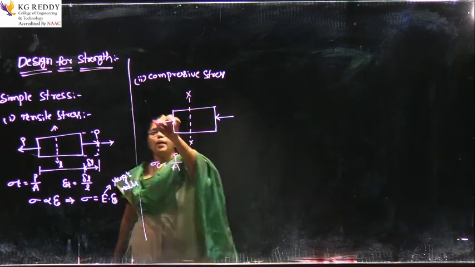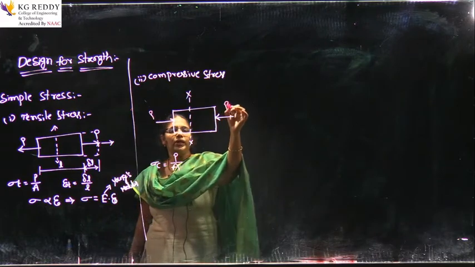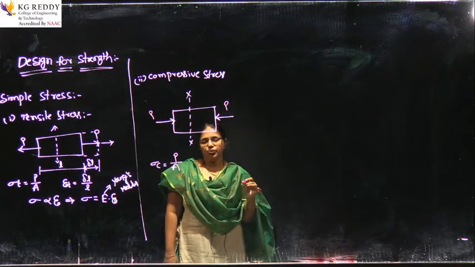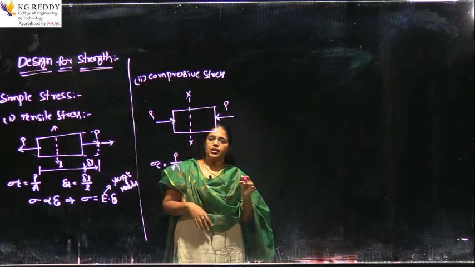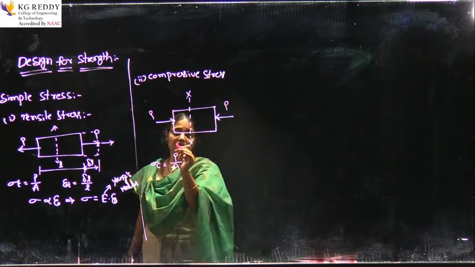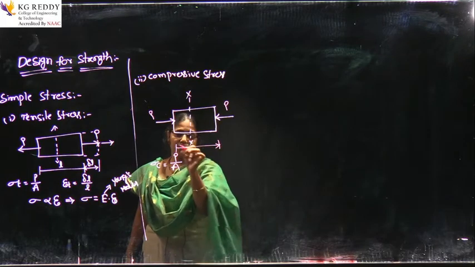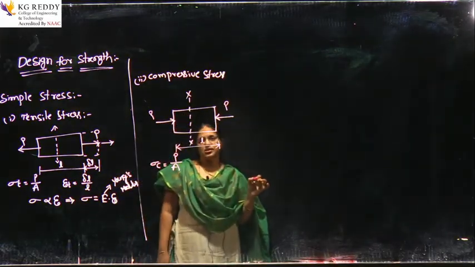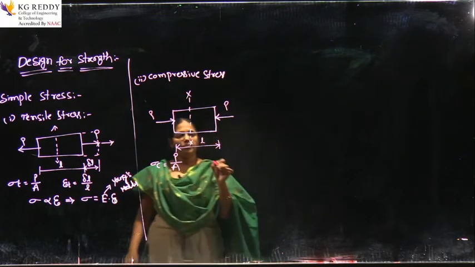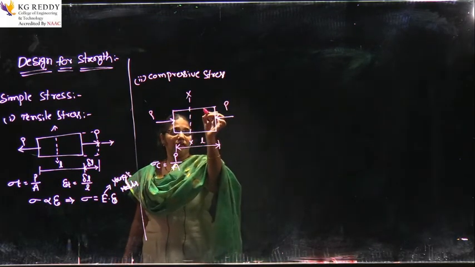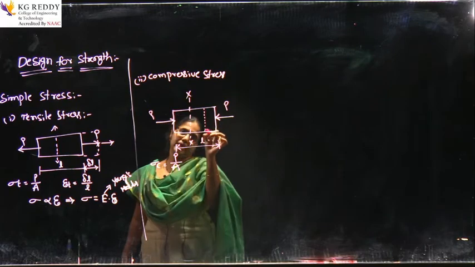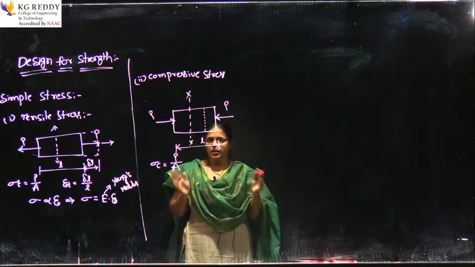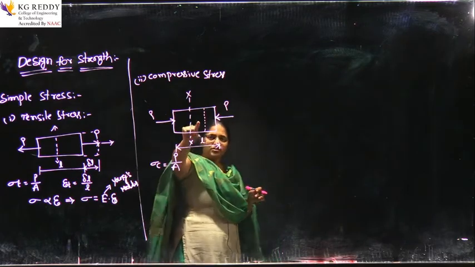Then what will happen if I apply the two equal and opposite pushes? Whenever I apply two equal and opposite pushes on the bar element, this is called the original length of the body. The length of the body will be decreased, due to the properties of this material.